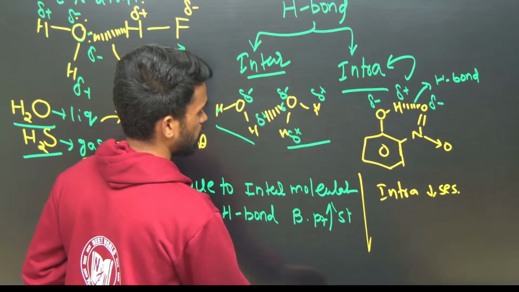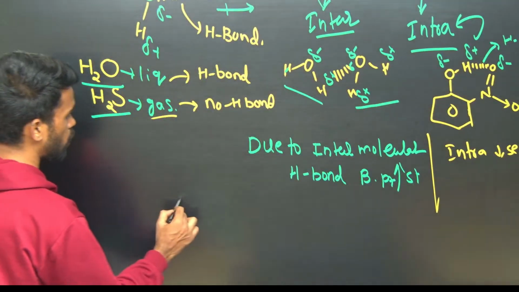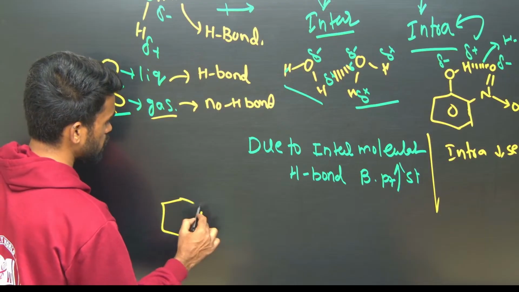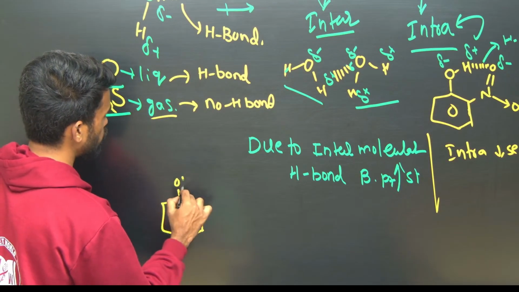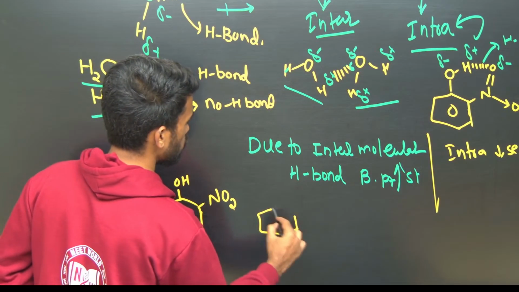Now I will give you two molecules and ask what is the boiling point order. Simple one, you just take here orthonitrophenol, paranitrophenol I am giving you.